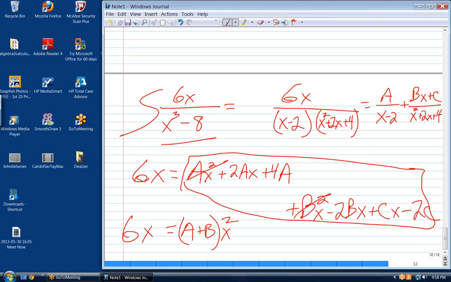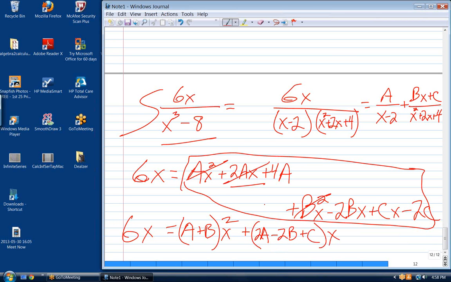Okay, now let's look at our x terms. We've got a 2ax, a minus 2bx, and a plus cx. So let's factor out x from that and list our coefficient as 2a minus 2b plus c.